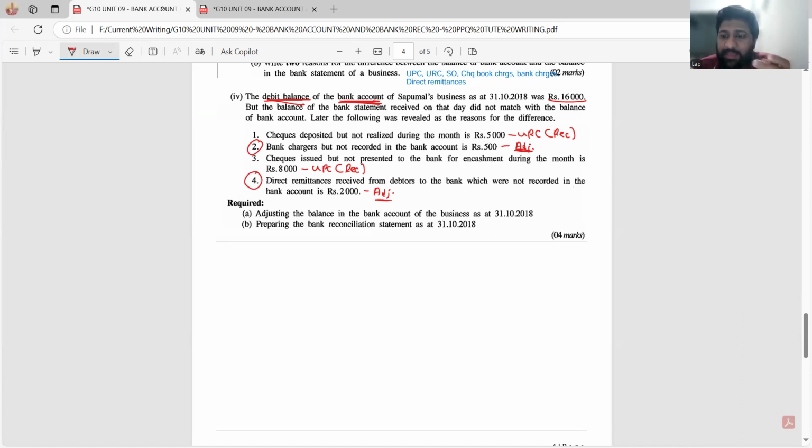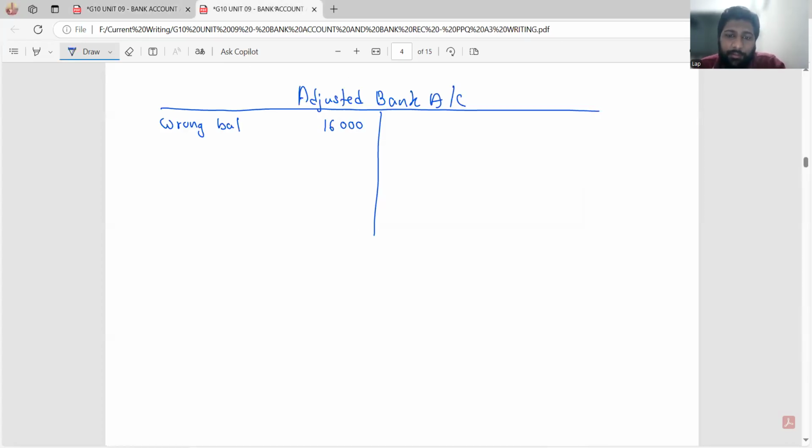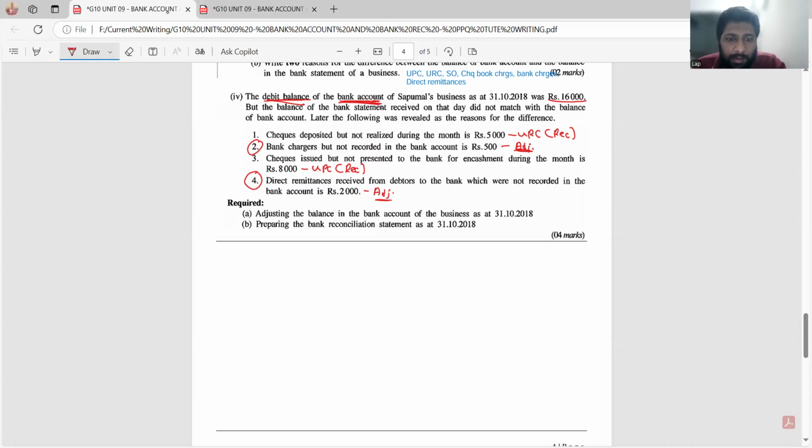Bank charges. Bank charges means our bank balance is decreasing, so it should go to the credit side. Bank charges, 500. Next one, direct remittances. Direct remittances means we are getting money, so our bank balance should increase. Debit side.